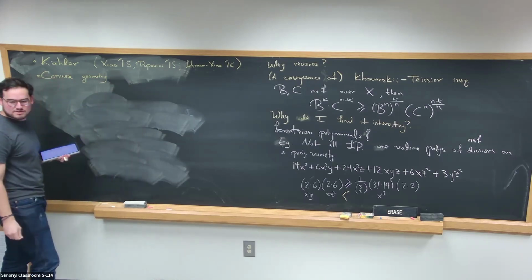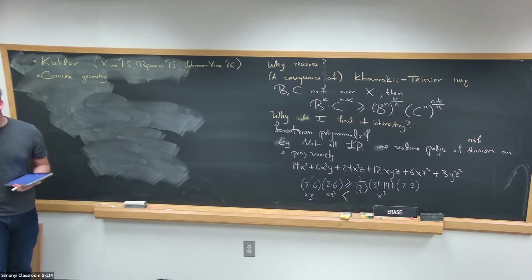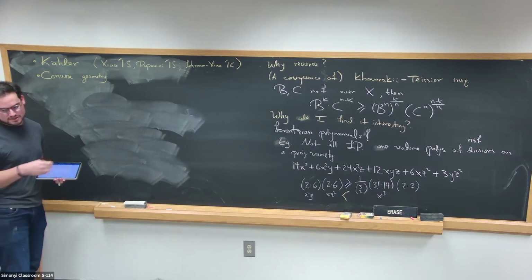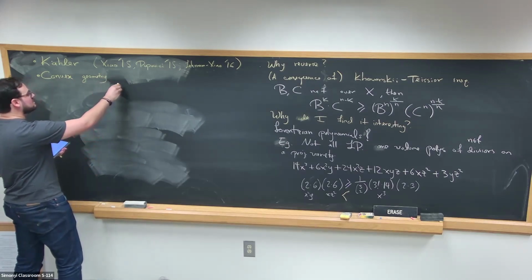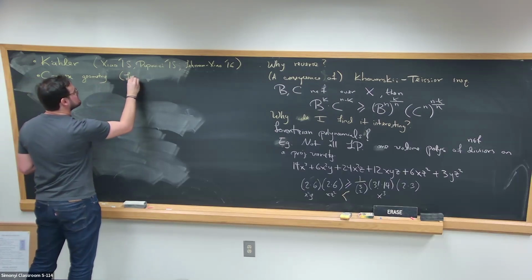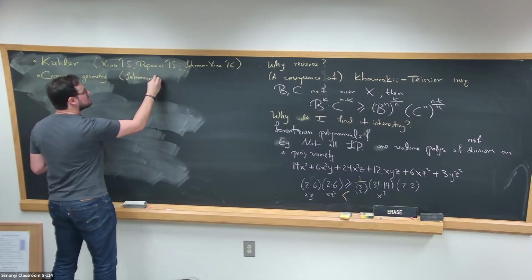In Kähler geometry, for A, B, C, they assume that they are nef, so in the closure of the cone of Kähler classes. The convex geometry version is due to Lehman and Xiao.